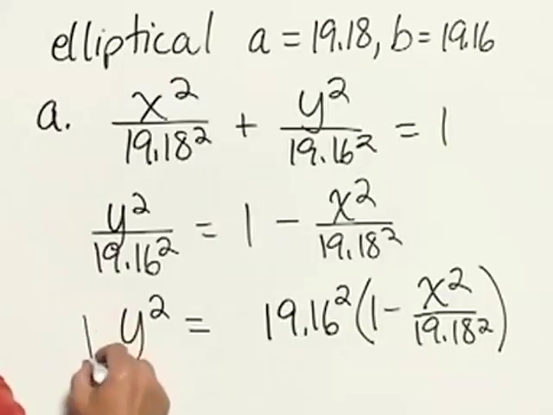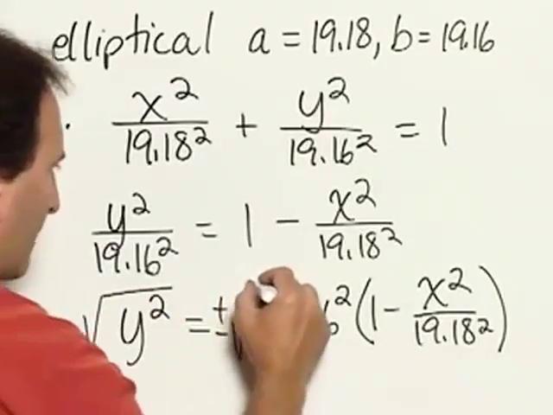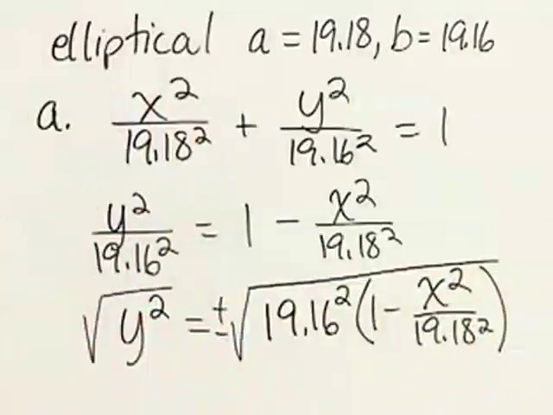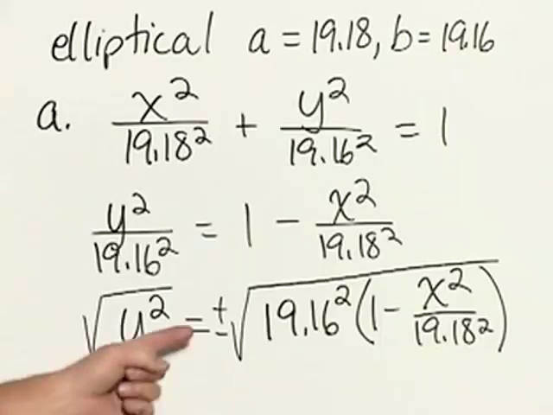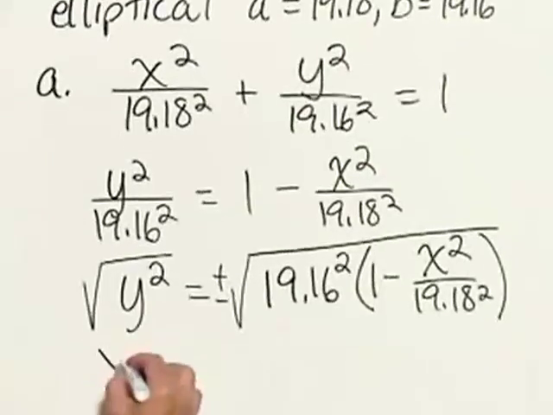When we take the square root of both sides, we have to put the plus or minus on the right-hand side. Of course, the square root of y squared is just y. So we have solved for y, and it's giving us two equations, the version with plus and the version with minus.